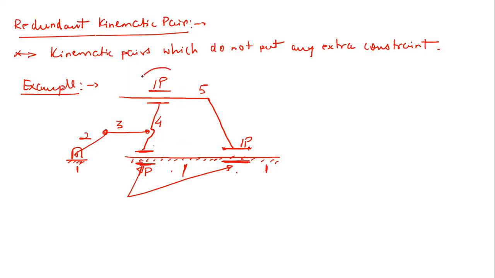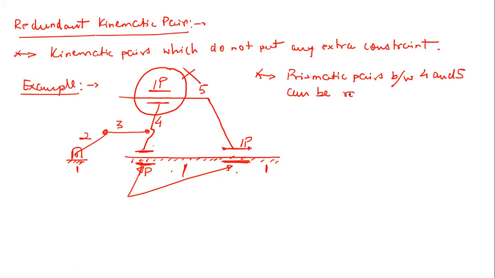So even if you remove this prismatic pair, will the motion of the other links be affected? No, sir. Because two prismatic pairs are already there to take care of the motion of links 4 and 5. Even if you remove this prismatic pair, the motion of the other links will remain unchanged. So let me write down here that the prismatic pair between 4 and 5 can be removed.